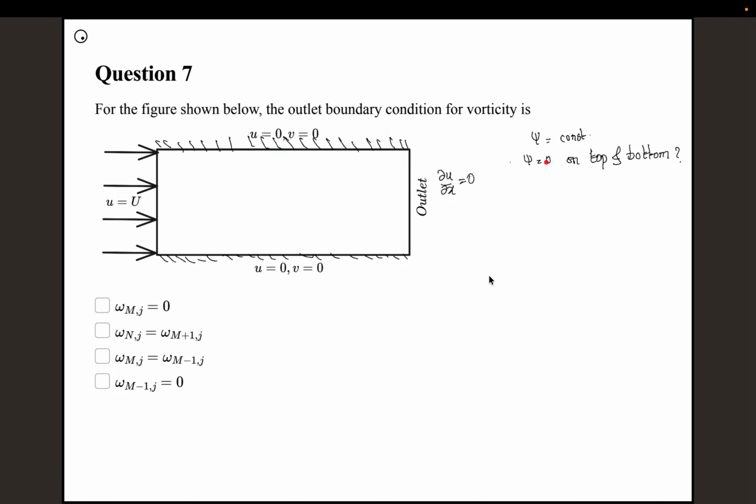Is this allowed? Can I take the same values on top and bottom? Like psi has to be constant. Should it have to be the same value or should it be different values, or what should we do about that? That is question number one.